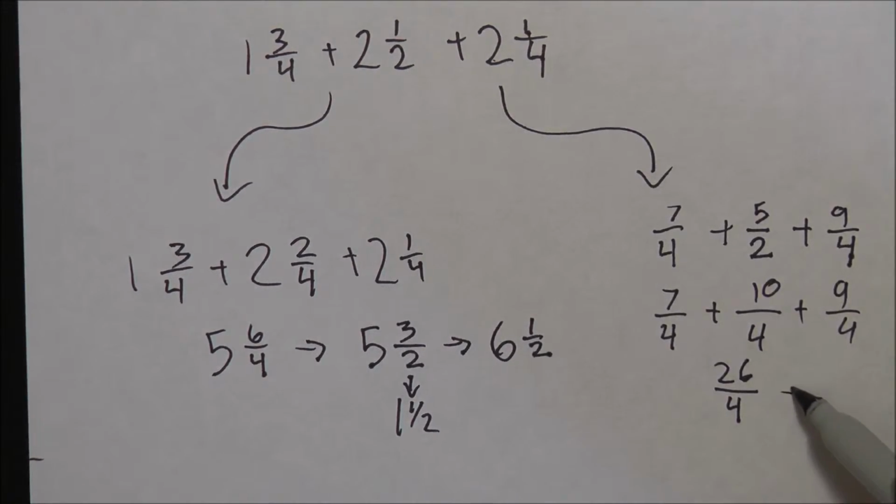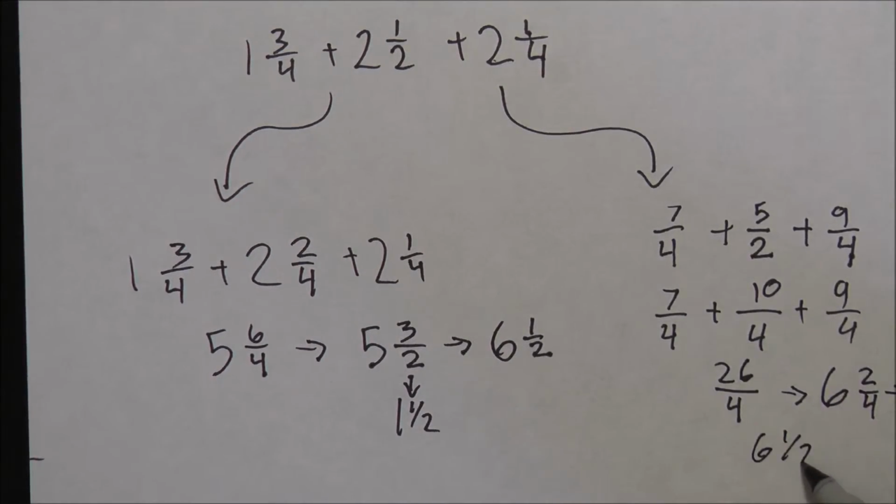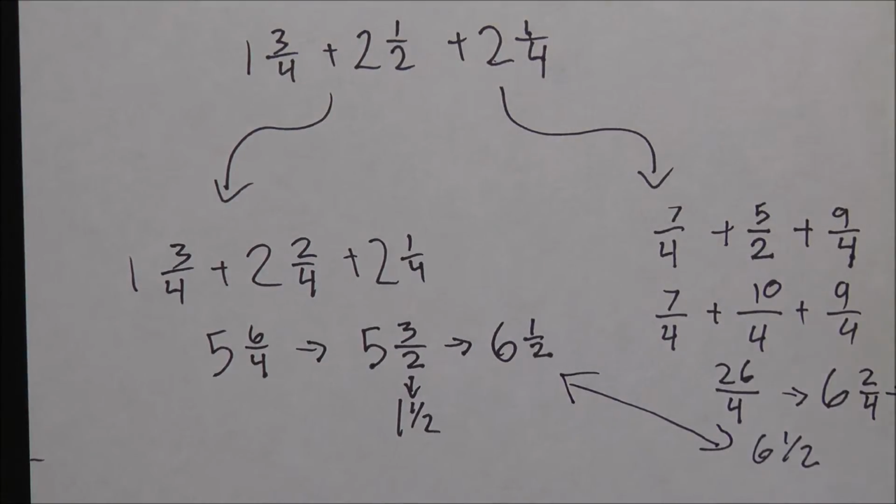So this will equal 6, and how many 4s are left over? 2 over 4. And then this will all simplify, it will be 6.5. So you could see that these two numbers are the same. It doesn't matter which way you go, but you'll get the same answer.